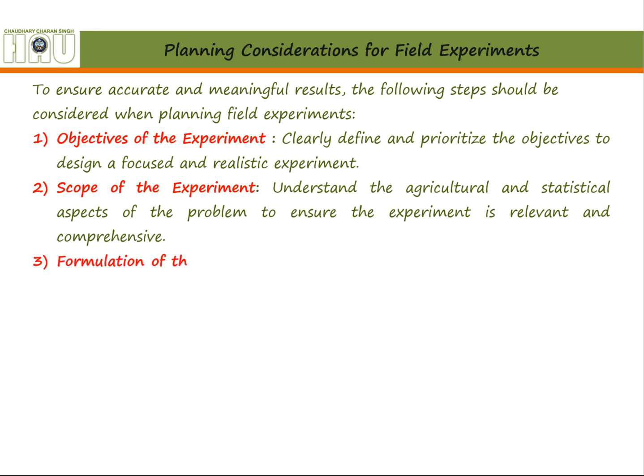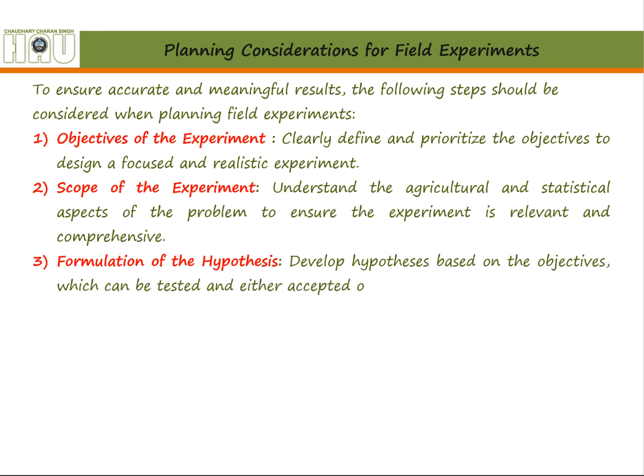Number three, you should clearly define your hypothesis. Formulation of hypothesis is very important. So you develop hypotheses based on your research objectives, and these hypotheses should be concise and clear. They should be testable, and the hypothesis may be accepted or rejected depending upon the results.